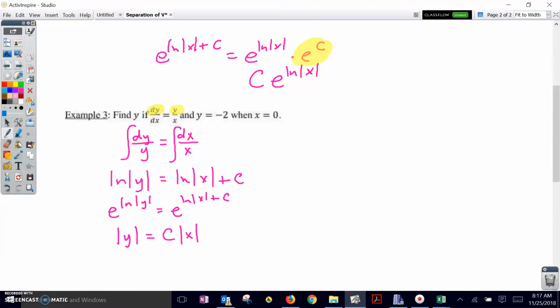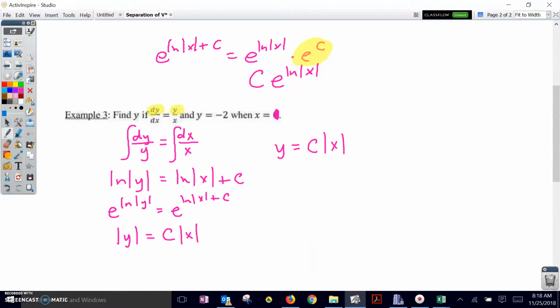Now I'm going to absorb the absolute value on my y into my constant, because as I evaluate this, if I substitute something in for x, the constant is going to change it to whatever the value of y is going to be. And so we can write this as y equals c times the absolute value of x, and I believe this is actually a typo. This is supposed to be y is negative 2 when x is 1.